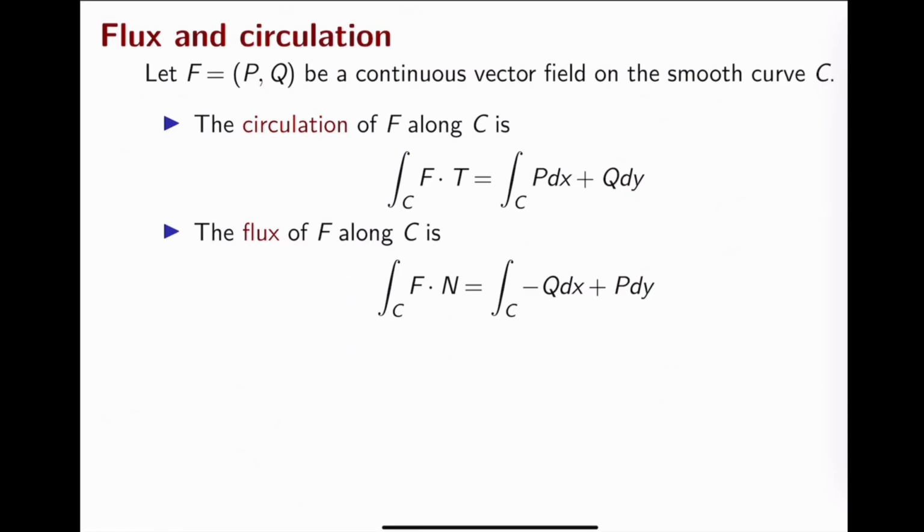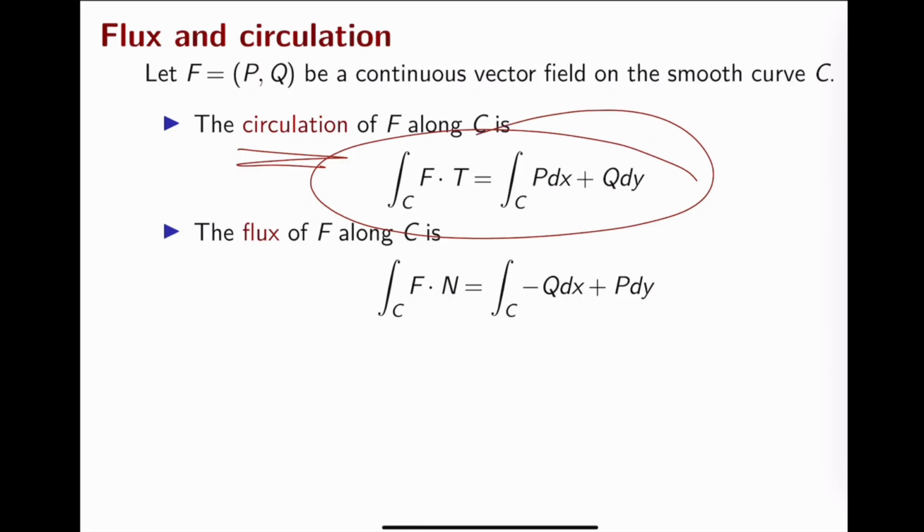And finally, some applications and names that come mostly from physics. It's called circulation of the vector field along a curve, what we just calculated. Just the line integral of the vector field is what is called the circulation. And we can write it also with this alternative notation, just PQ, as we have seen before.